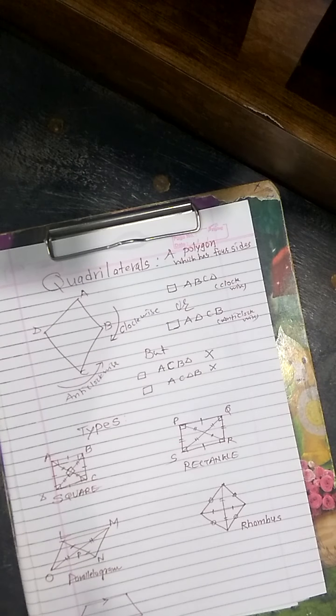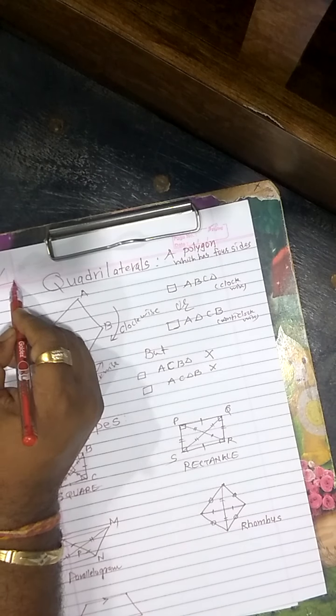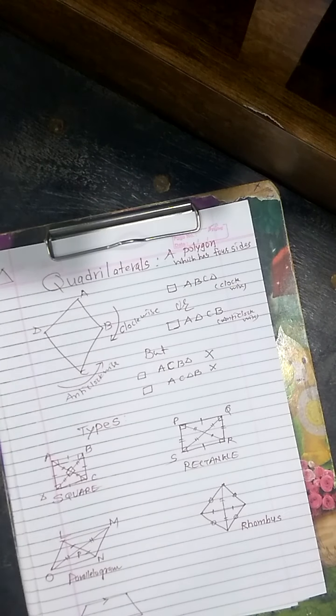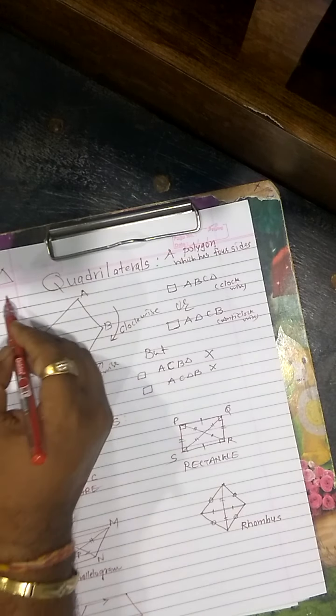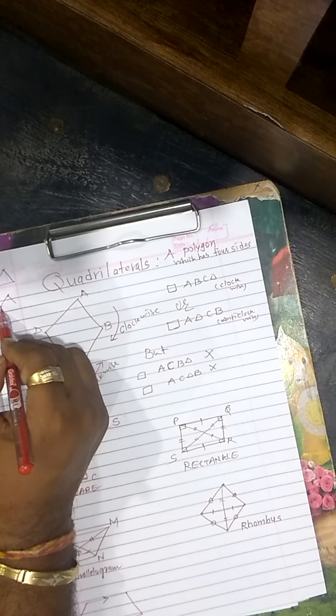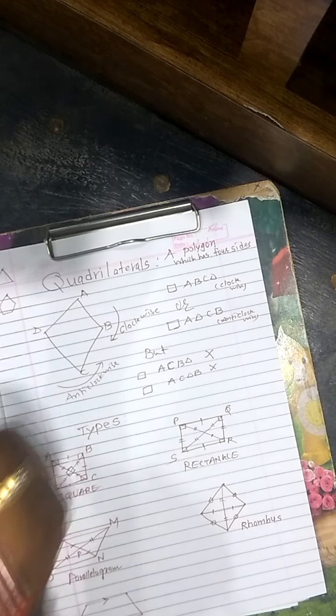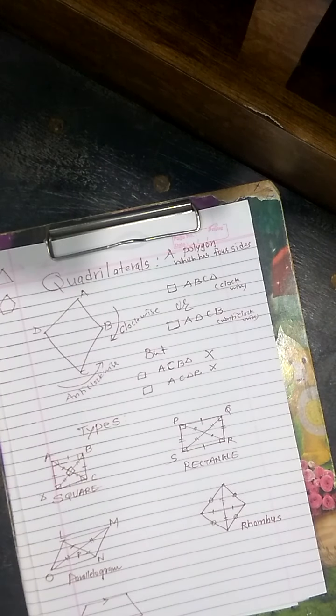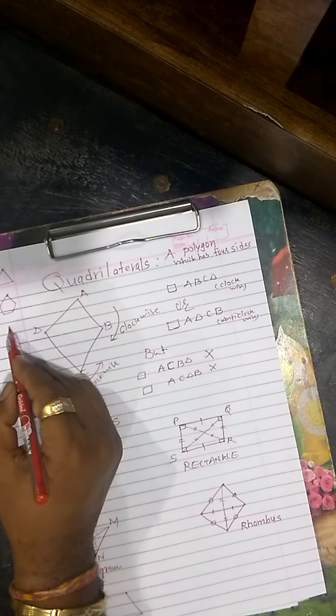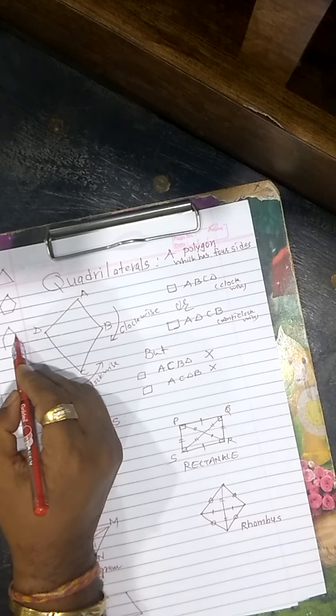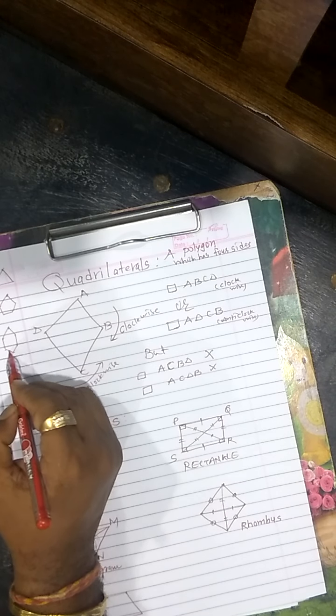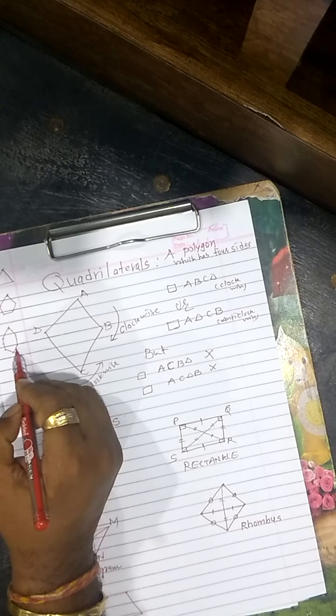A polygon which has 3 sides is known as a triangle. A polygon which has 5 sides is known as a pentagon, that we have seen. A polygon which has 6 sides, hexagon. 1, 2, 3, 4, 5, 6.